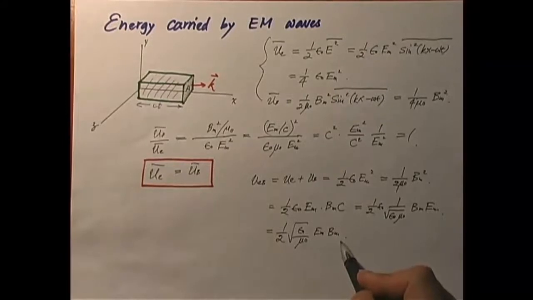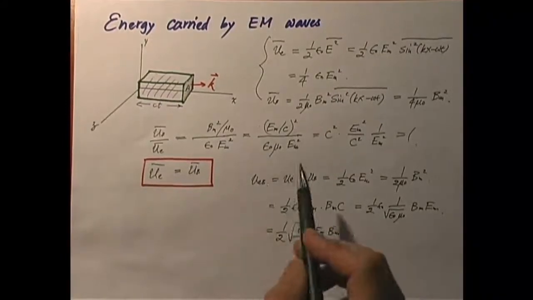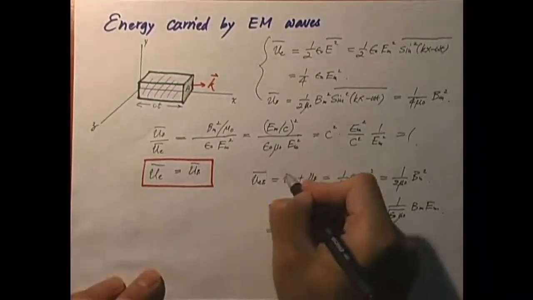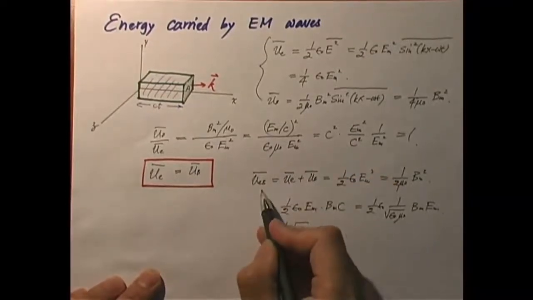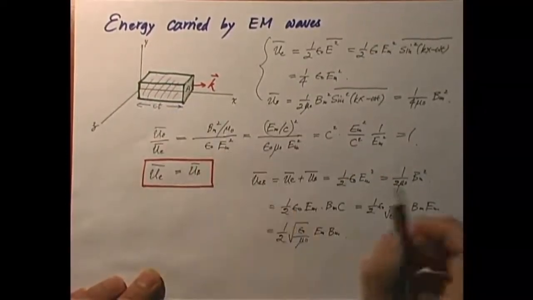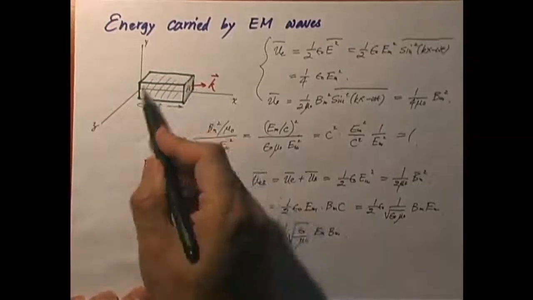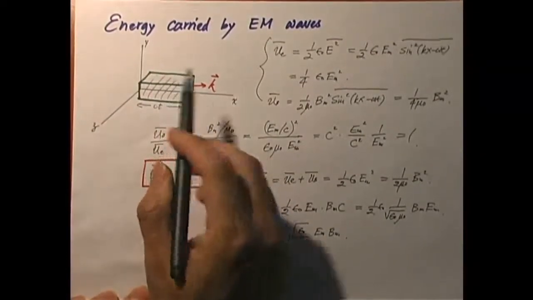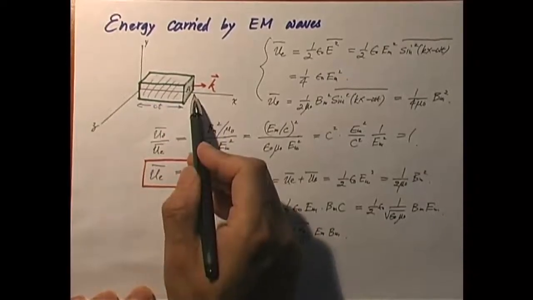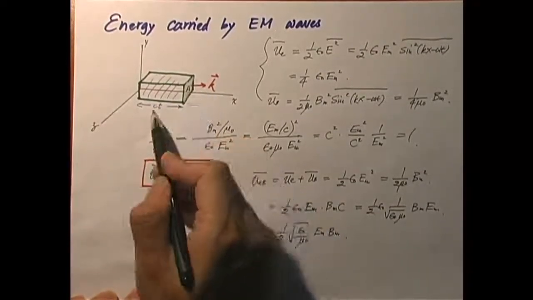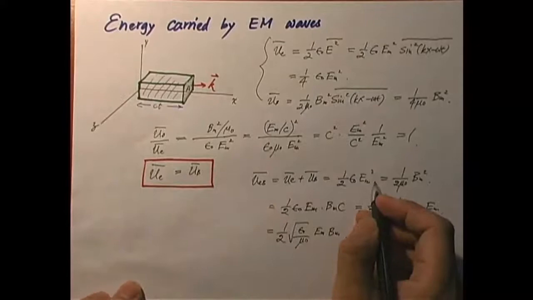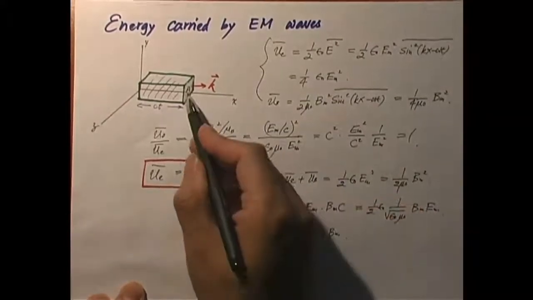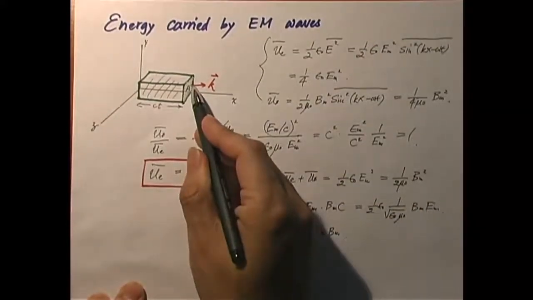Okay, now what I'm going to do is, I know that this is the average value of the electromagnetic energy density over space. I'm going to multiply this by the volume of the box. Okay, that is the total energy contained within this volume, and all this energy will pass through this window over time t. So therefore, how much power passes through this window?